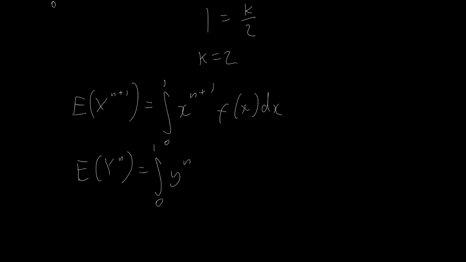I know that k is 2 now, so you have 2 f of x. And I should be writing y here, so 2 f of y dy. So yeah, that's that.